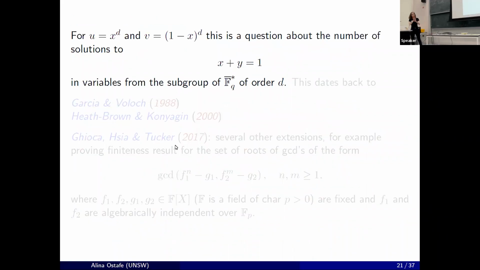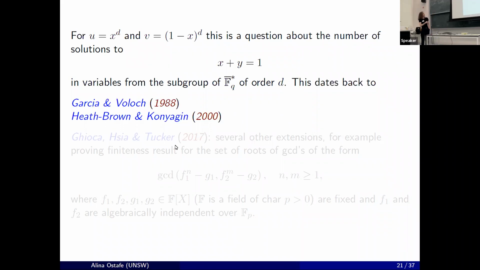And let me finish the finite field comments by saying that these are actually related as well to older work. So if you take u to be x to the d and v to be 1 minus x to the d, then this is really a question about the number of solutions to x plus y equal 1 in variables from the subgroup of order d of this field.